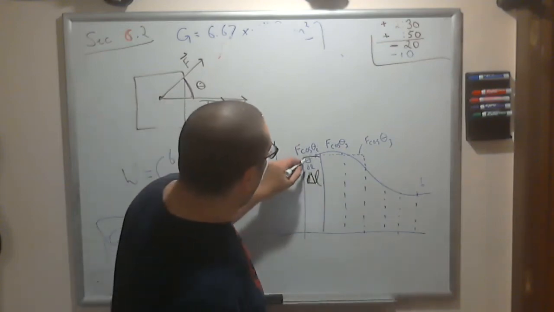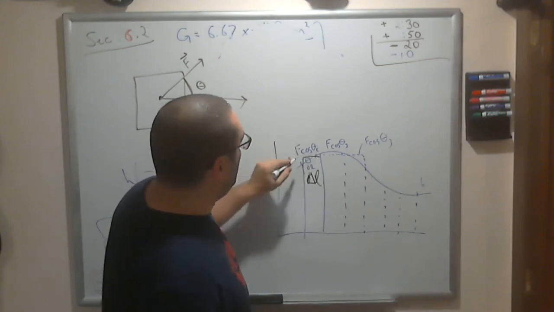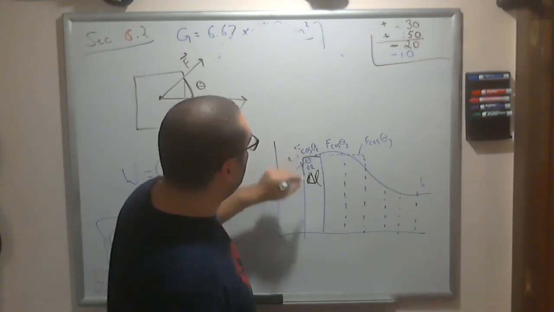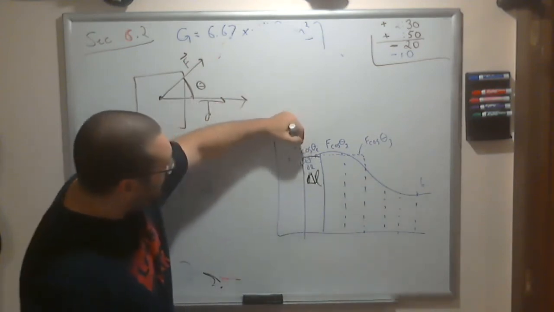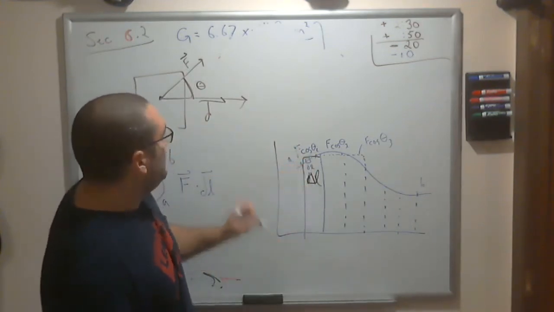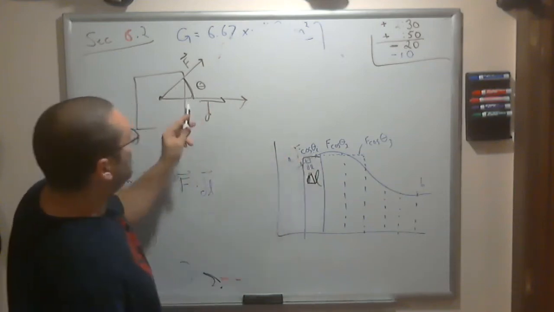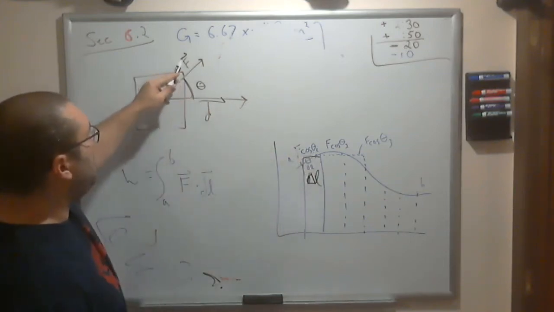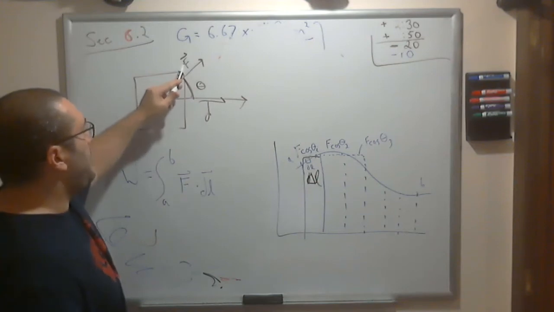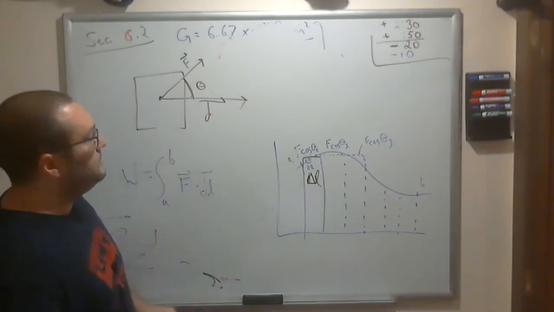And then the work for each one of these sections is given by the force multiplied by the cosine of the angle between the actual force applied at that particular point and the distance.